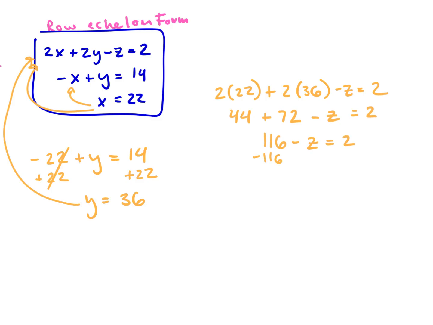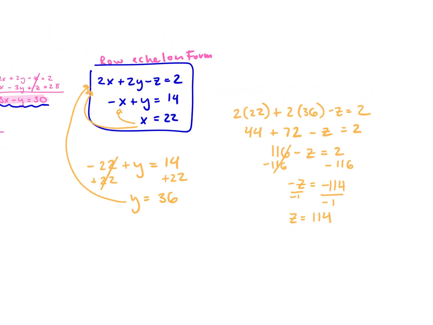Subtract 116, move it to the other side. Negative z is equal to what? Negative 114. So what does z equal? Positive 114. All right, so we wrote our answer in row echelon form.